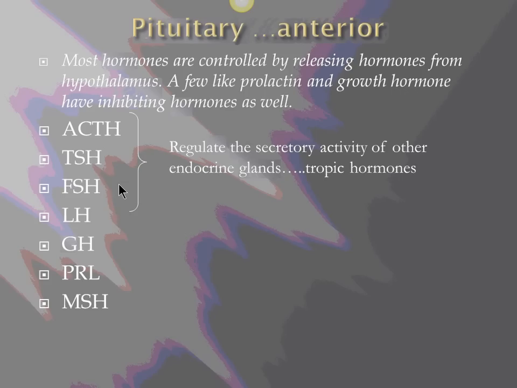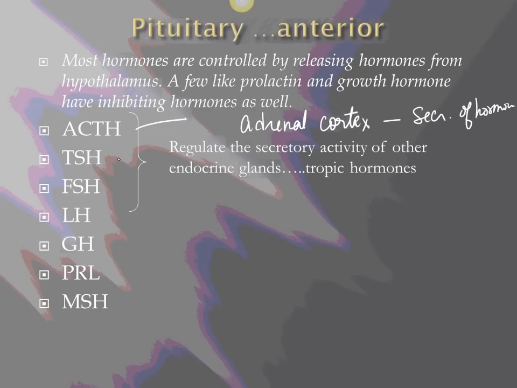Remember the hormonal way of secretion where you have the cycle. This is called adrenocorticotropic hormone. That means it goes to the adrenal cortex and causes secretion of hormones from the adrenal cortex.